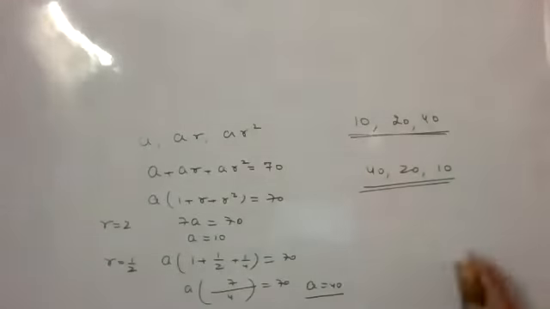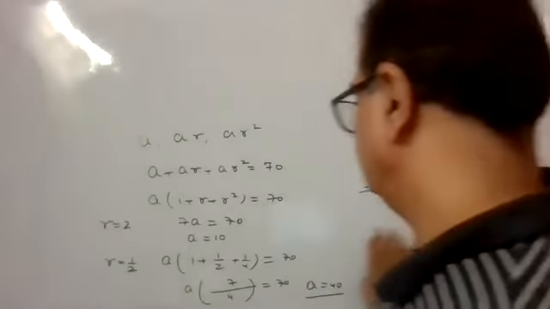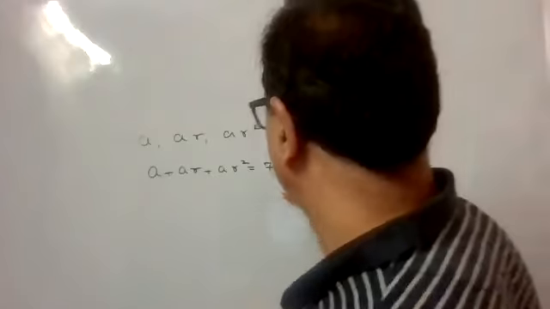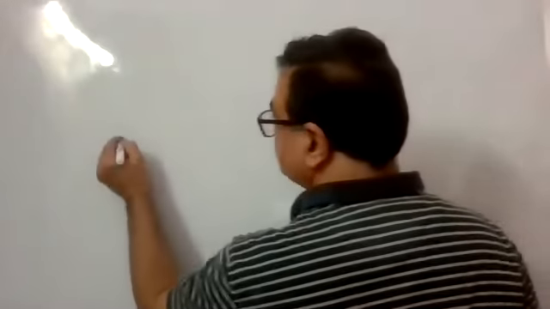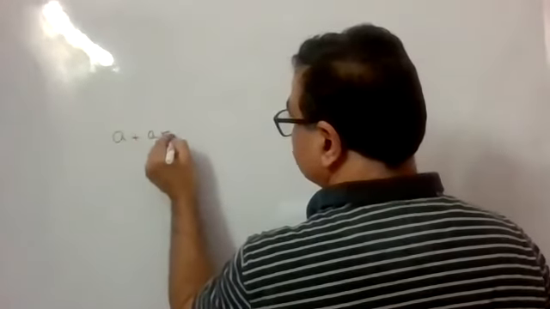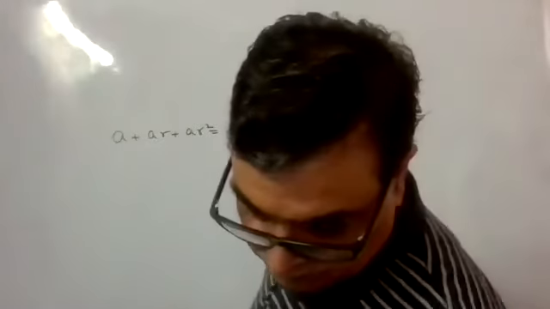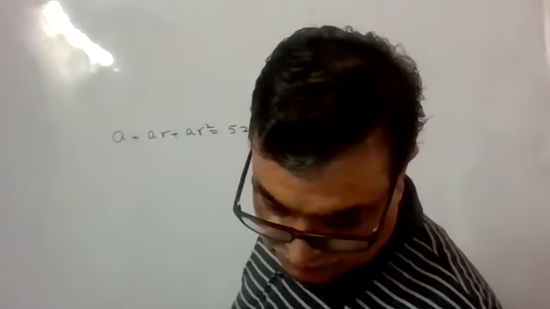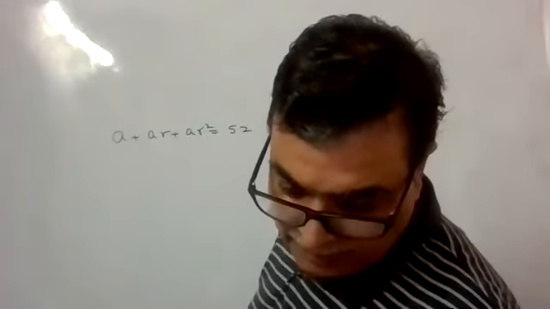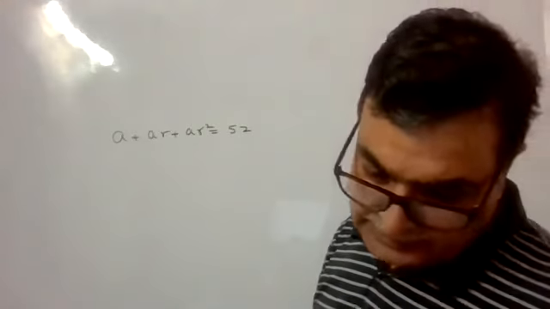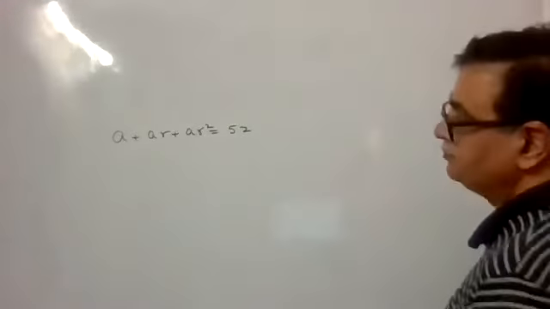Find three numbers in GP whose sum is 52 and whose sum of products in pair is 624.